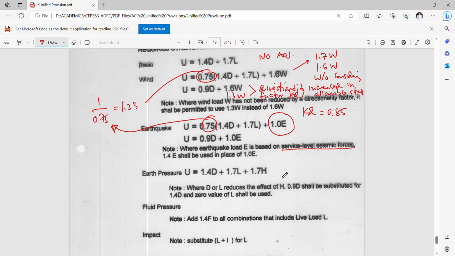Okay, so if it is on this level, you have to substitute 1.0E with 1.4E. So this must be 1.4E in case your earthquake is at the service level seismic forces. The question is, is the base shear formula based on service level seismic forces?